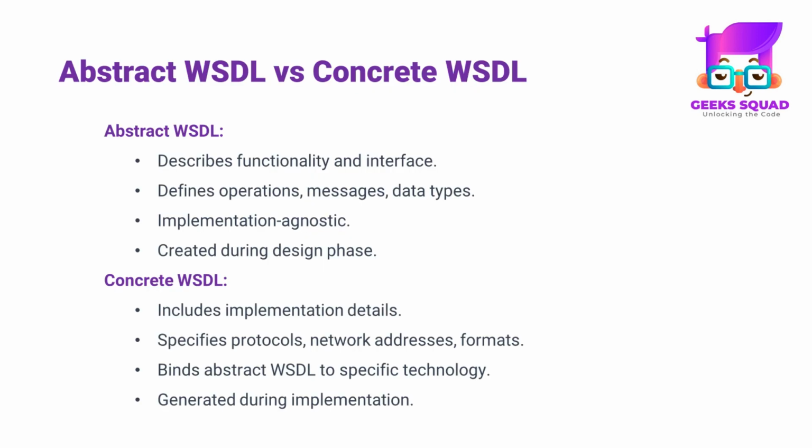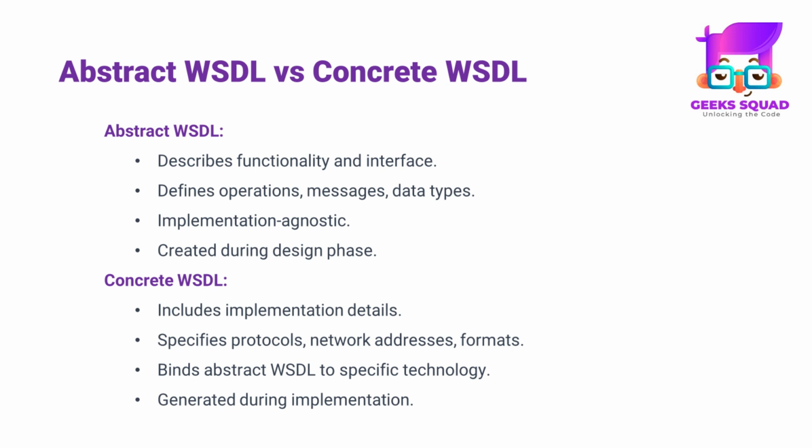In the context of web services, abstract WSDL and concrete WSDL refer to different stages in the development and deployment of a web service. Abstract WSDL describes the functionality and interface of a web service without specifying the implementation details. Whereas concrete WSDL, also known as concrete WSDL binding, includes additional implementation-specific details such as transport protocol, network addresses, and data formats.